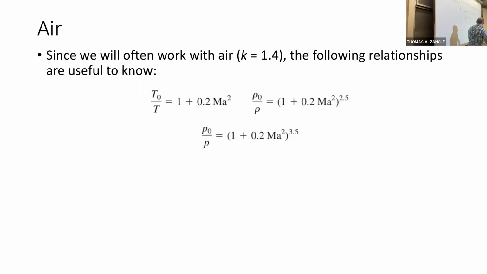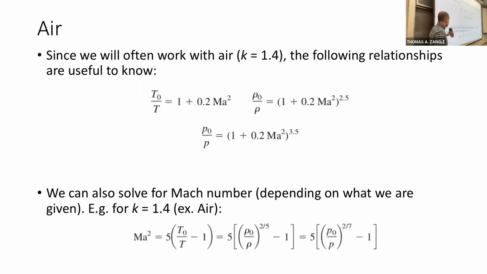So again, that's the only variable that appears in these expressions. And so this also means we can invert these and solve for Mach number. Unlike in our internal flow example, we couldn't always solve for things on one side or the other. Again, these have complicated looking factors, but we can manipulate them pretty readily. And if we knew temperature relative to stagnation, we can figure out what the Mach number is, right?